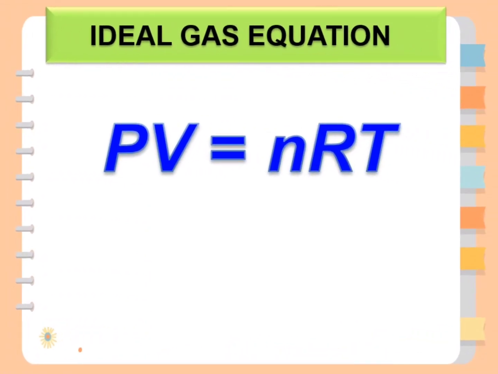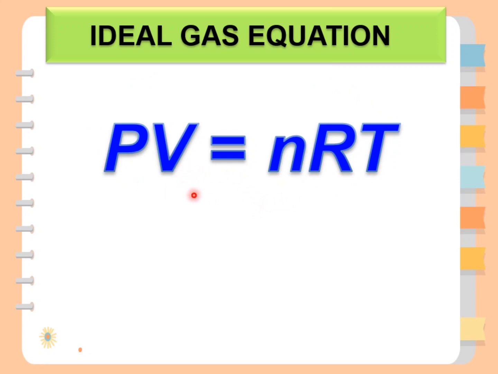Okay guys, just now we already identified the ideal gas law from combining the three gas laws, which are Boyle's law, Charles' law and Avogadro's law. So we got a new formula, which is PV equal to nRT. So this is the ideal gas equation.